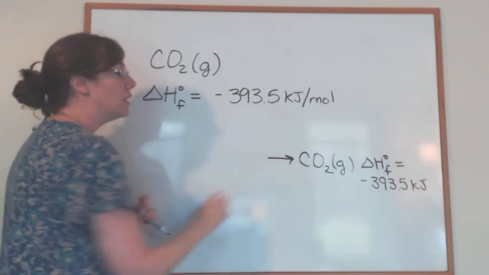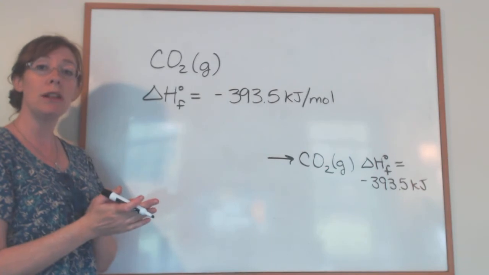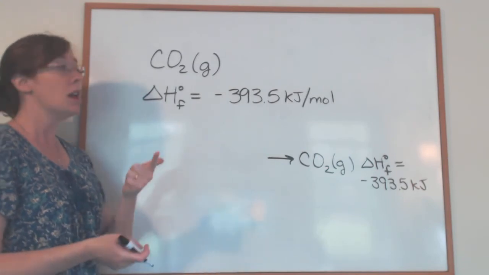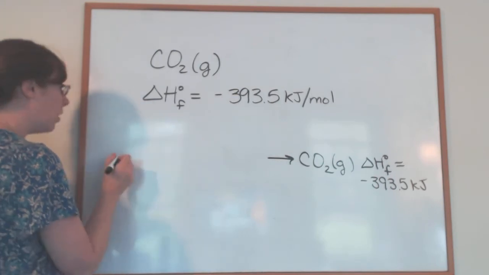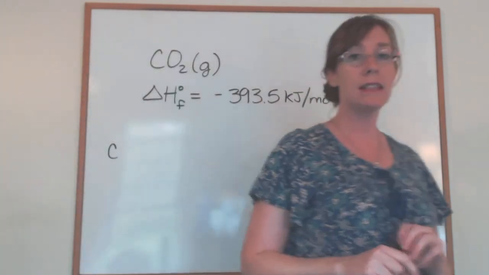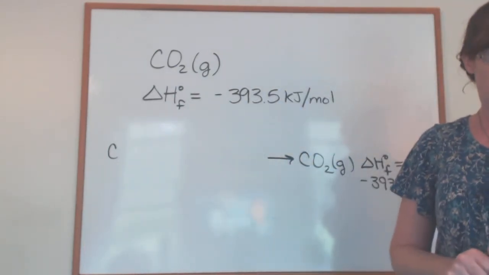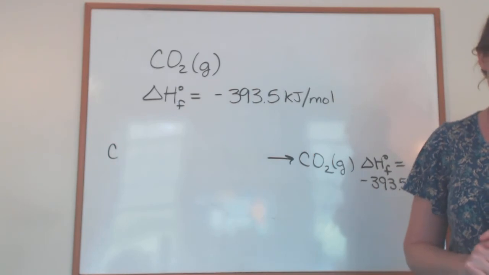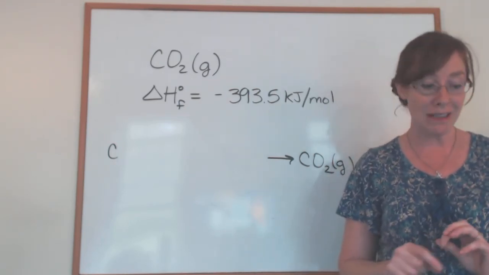So we have to ask the question, what are the elements in CO2? The two elements are carbon and oxygen. But we have to write them in their standard states. So for carbon's standard state, go ahead and peek at the back of your book. What you're going to find is that there are two elemental states for carbon listed.